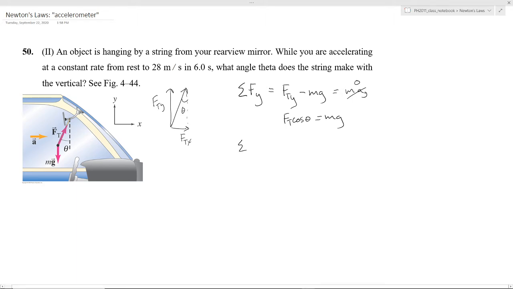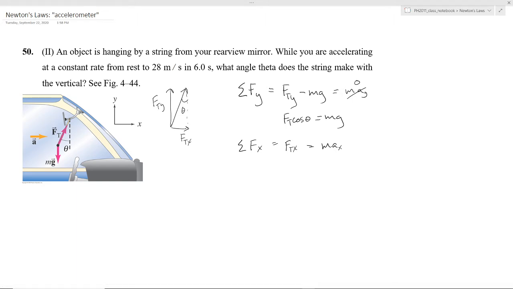Let's look at the x direction. So in x, we would have FTX, and that's actually the only force that we're going to have. This would be equal to m times the acceleration in the x direction. Now, this is not 0 in this case. The car is accelerating.